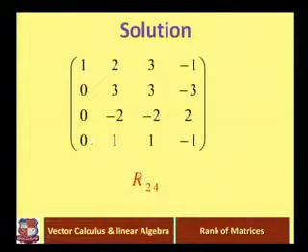So the resultant matrix is 1 2 3 minus 1, 0 3 3 minus 3, 0 minus 2 minus 2 2, 0 1 1 minus 1.